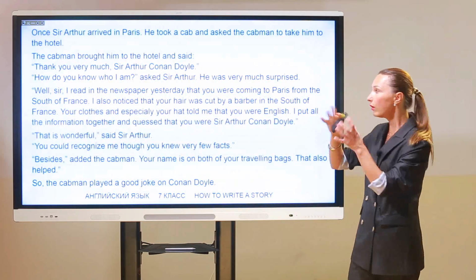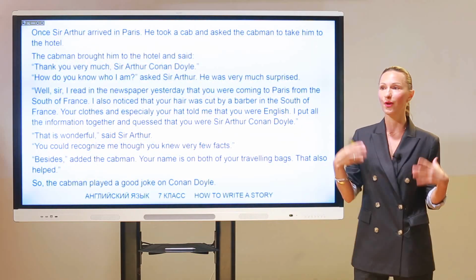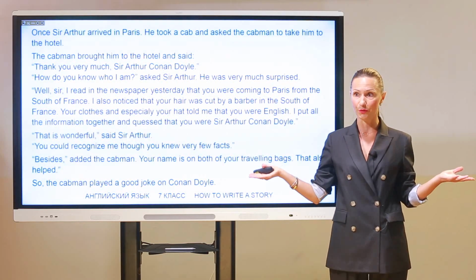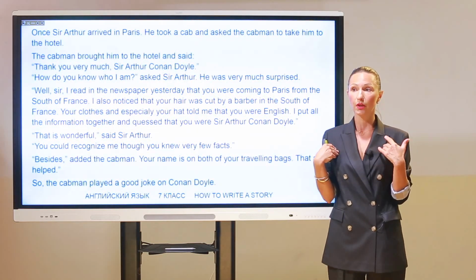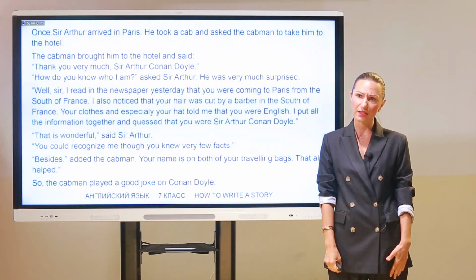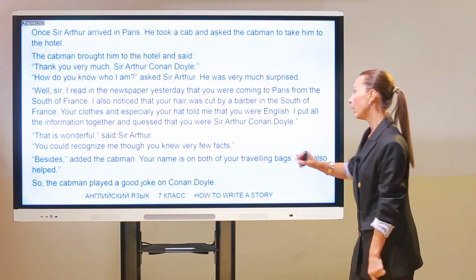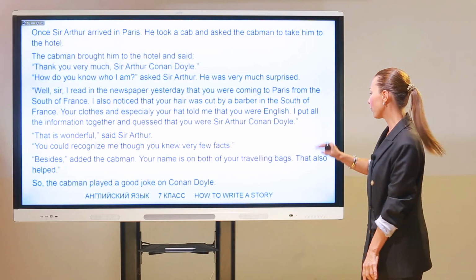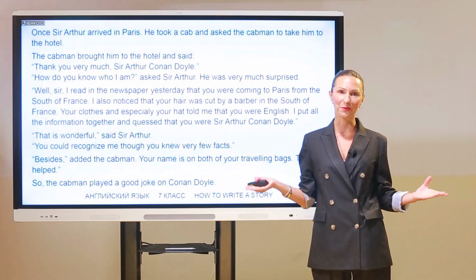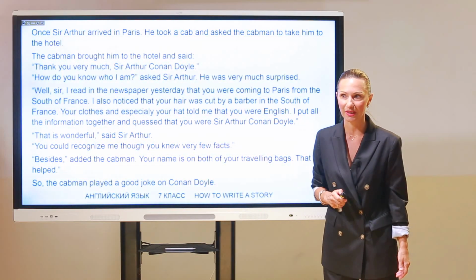I put all the information together and guessed that you were Sir Arthur Conan Doyle." "That's wonderful," said Sir Arthur. "You could recognize me through very few facts." "Besides," added the cabman, "your name is on both of your traveling bags. That also helped." So the cabman played a good joke on Conan Doyle.